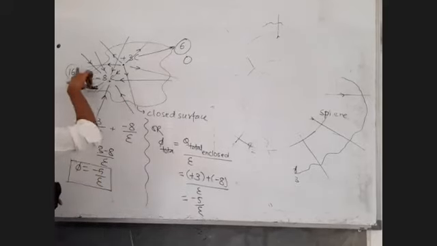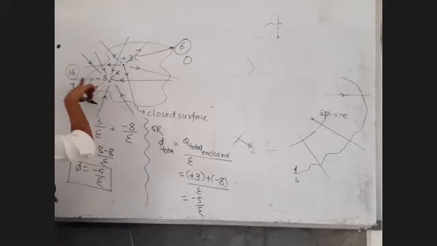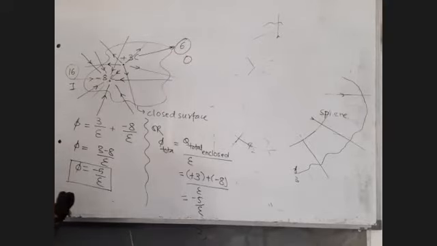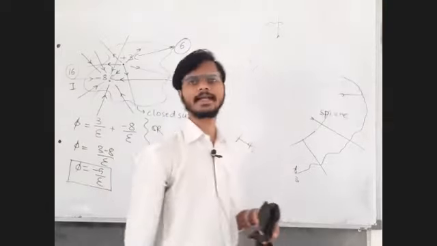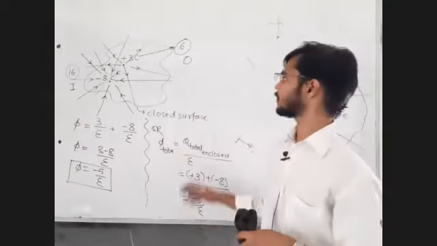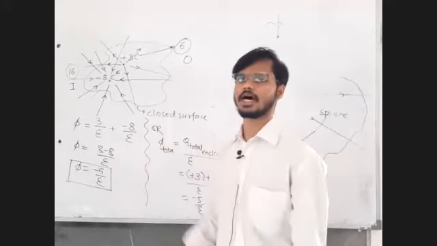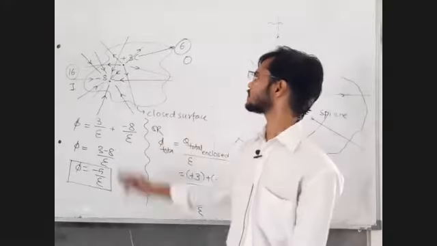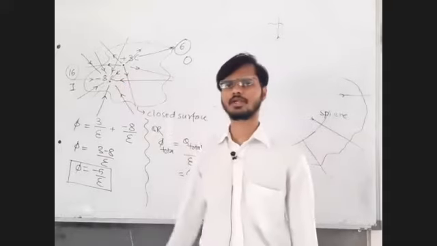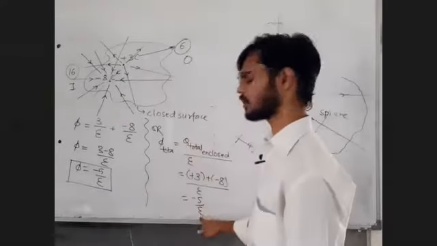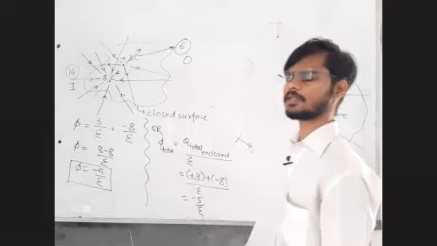So net incoming lines equal all incoming minus all outgoing: 16 minus 6, so effectively 10 lines are incoming. That means the enclosed charge must be effectively negative. Yes, plus 3 minus 8. Effectively something negative is enclosed, and therefore the flux is negative. Reply in the chat box, agree, disagree.